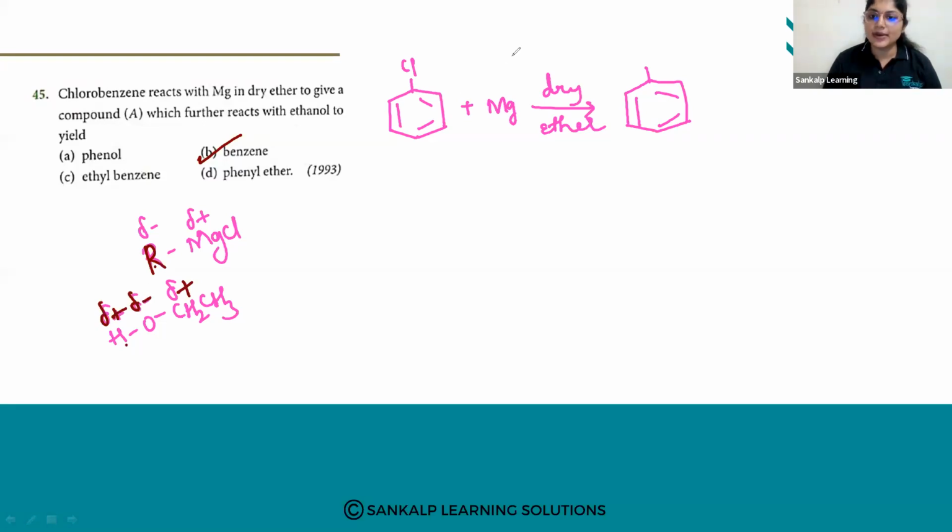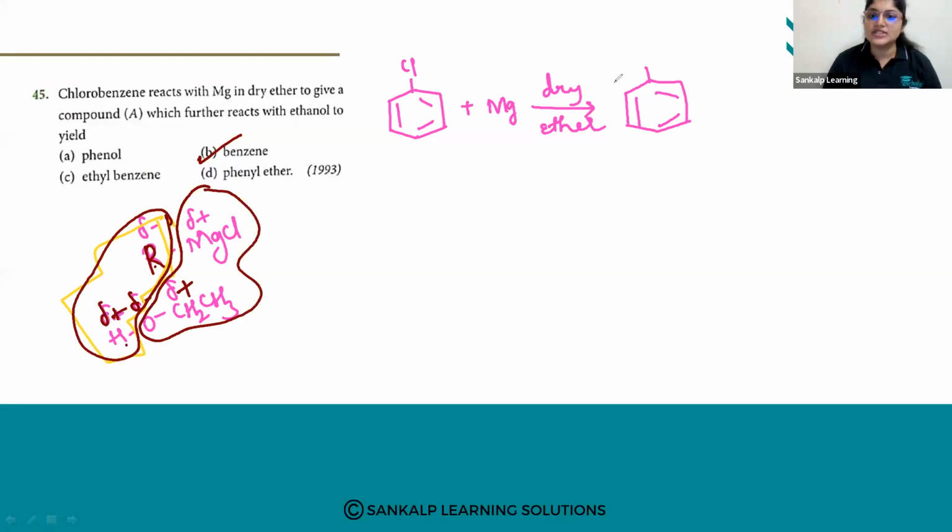When it is getting combined, R will get combined with H, and MgCl will get combined with oxygen and OC2H5 like this.